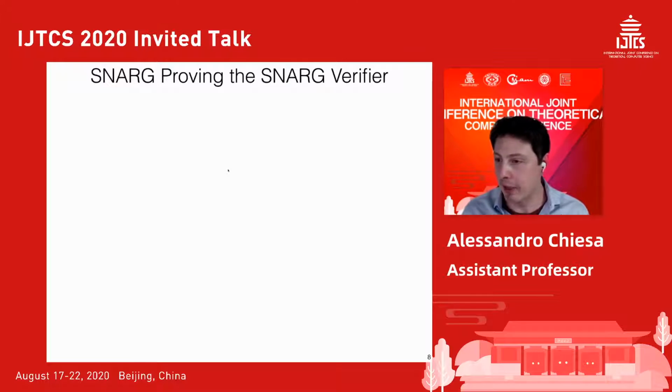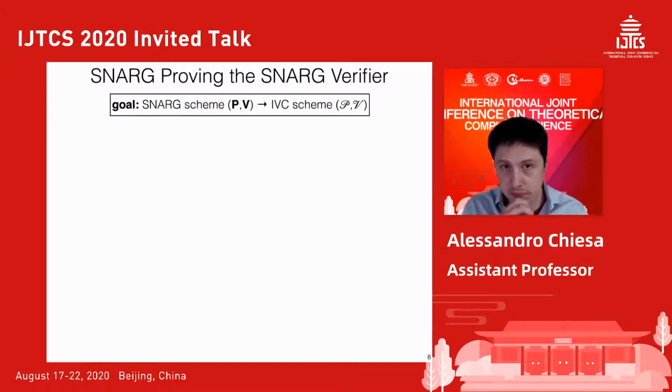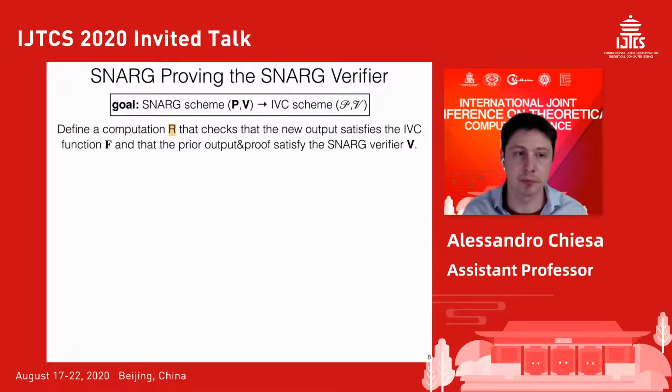As I have already alluded to at the beginning of the talk, the high-level idea is that we're going to use the SNARK prover to prove something about the state transition as well as this SNARK verifier. Let's look into that in more detail. From a cryptographic standpoint, somebody hands us a SNARK scheme, and from it, we want to construct an IVC scheme.